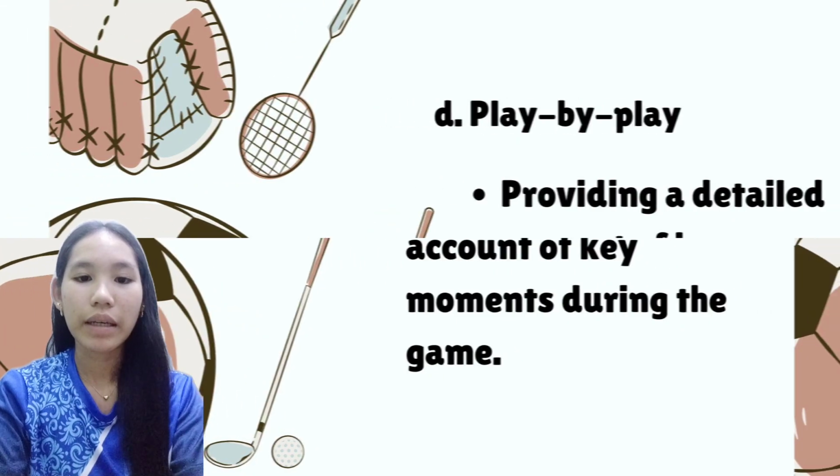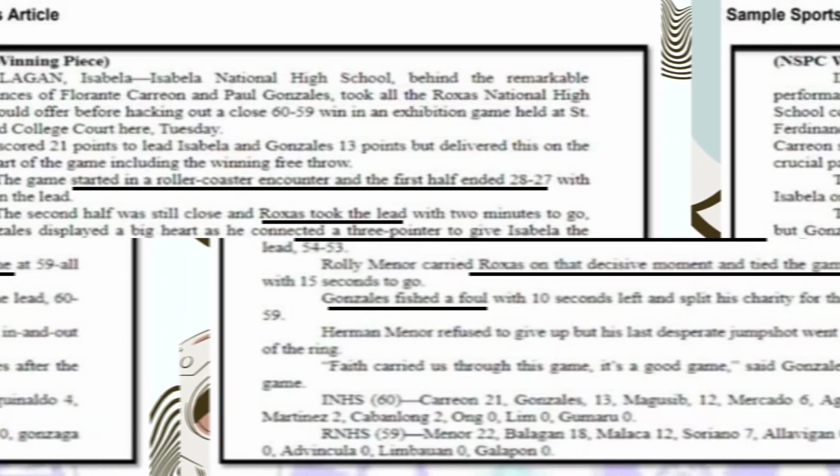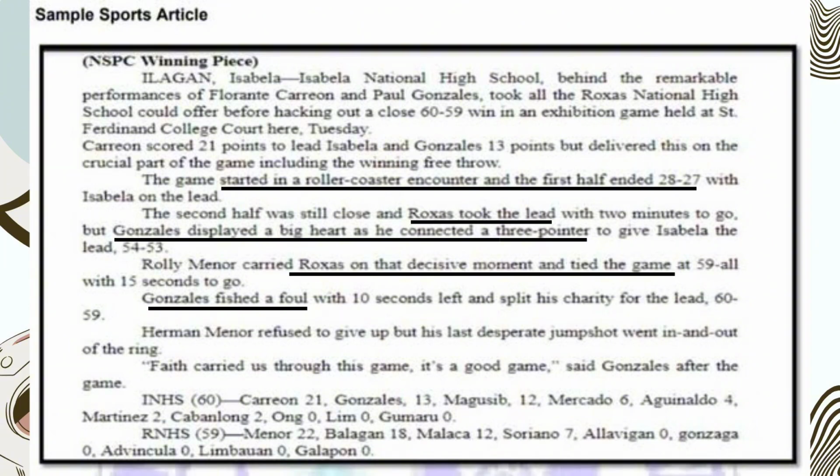In the example sports article, I underlined the example of play-by-play. First, the game was close throughout, starting with a roller coaster first half, 28 to 27 at halftime.